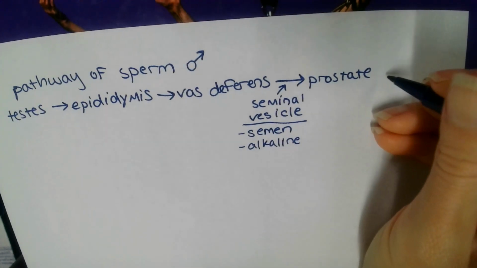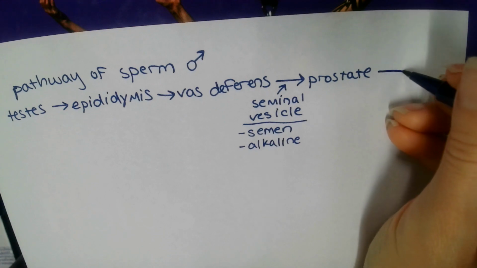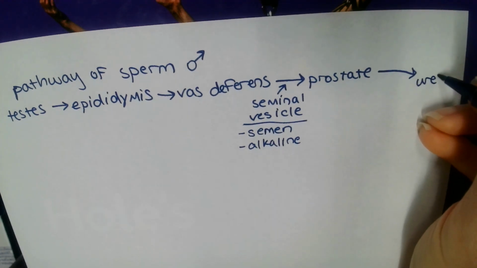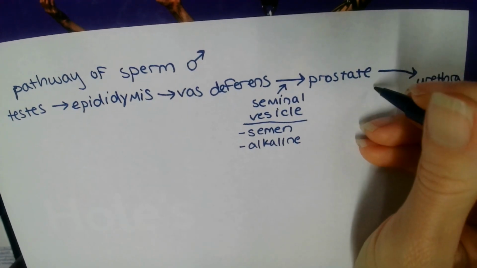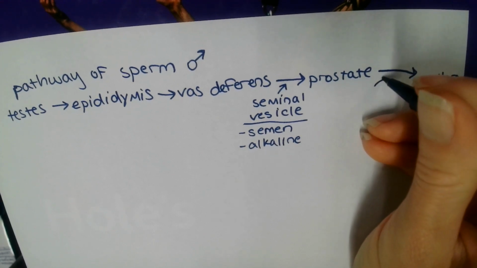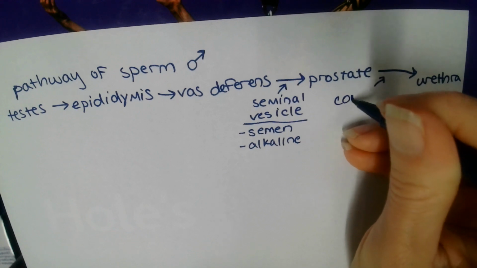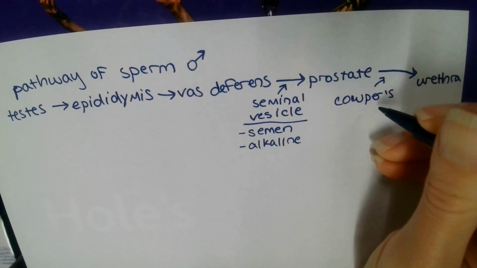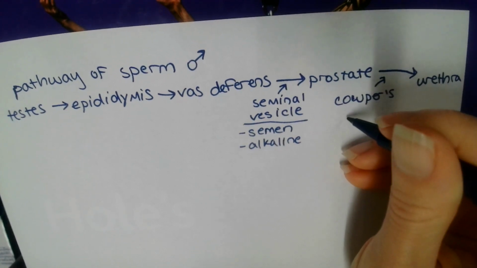After the prostate, it travels into the urethra and it passes by but does not enter the Cowper's gland, which adds additional fluids to the semen.